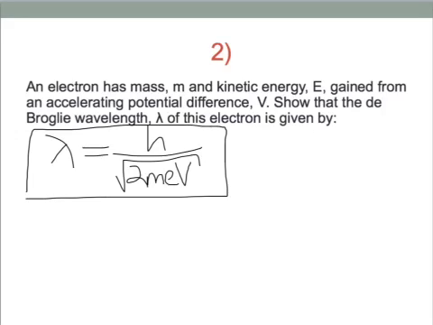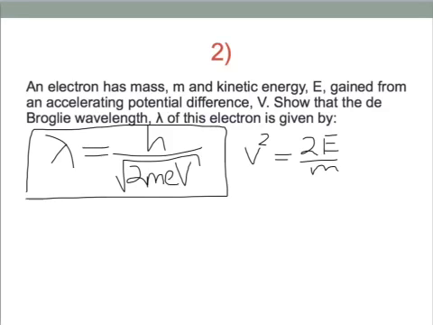So one of the ideas is to simply start with that concept that we're trying to find v, and let's say it's v squared. So half mv squared equals the kinetic energy. So if we rearrange and make v squared the subject, it's going to be 2 times the kinetic energy divided by the mass.